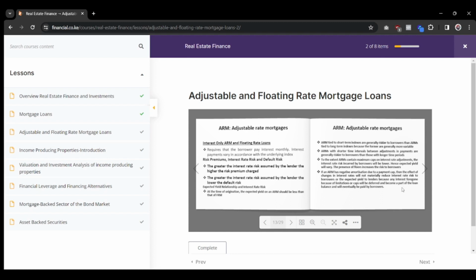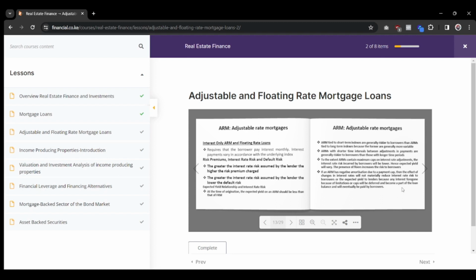We also have interest-only adjustable rate mortgage and floating rate loans. This requires that the borrower pay interest monthly. Interest payments vary in accordance with the underlying index.